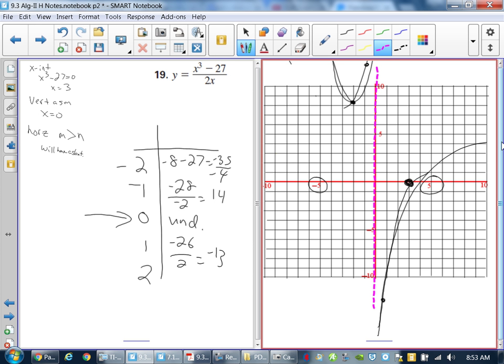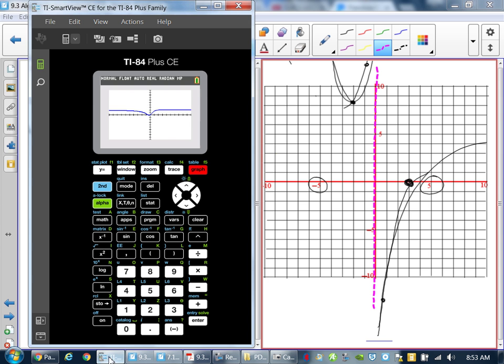Now, if I want to check it, all I have to do is throw it in my calculator. What was it? X cubed something over 2x? Okay, so it tailed off a lot slower. All right.